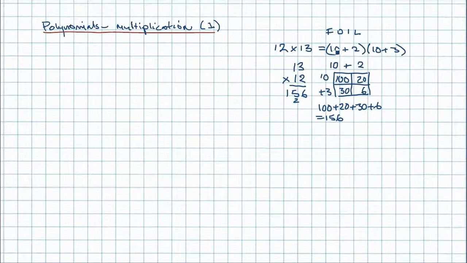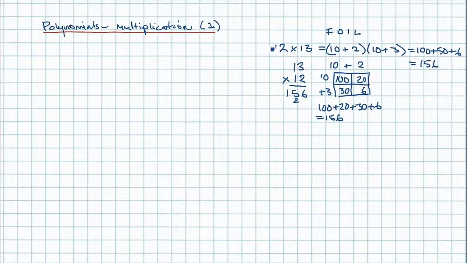And now we multiply out, we distribute first of all the 10 across these two terms and then the 2 across these two terms. So it becomes 10 times 10, 100, 10 times 3, 30, plus 2 times 3, so that's our 50, and then 2 times 3, 6, equals 156.